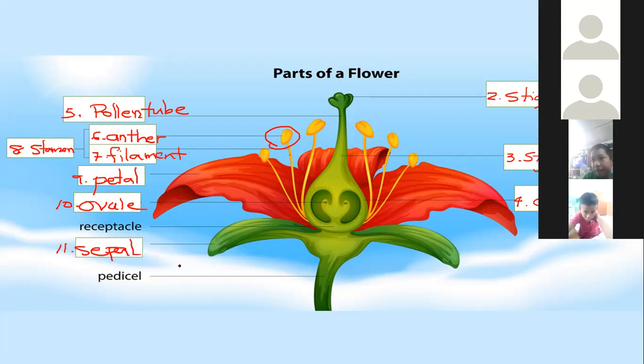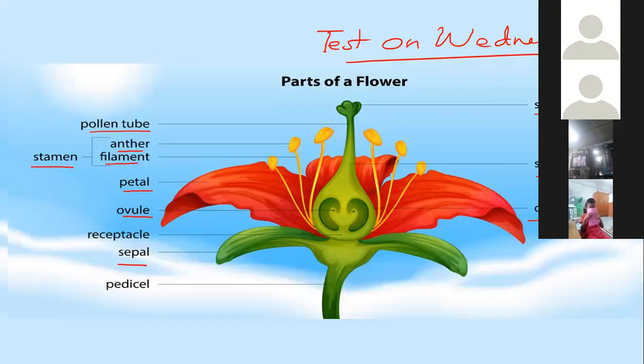Sepal. Okay, now teacher will give you the vocabulary number. Vocabulary number 41 to 51.